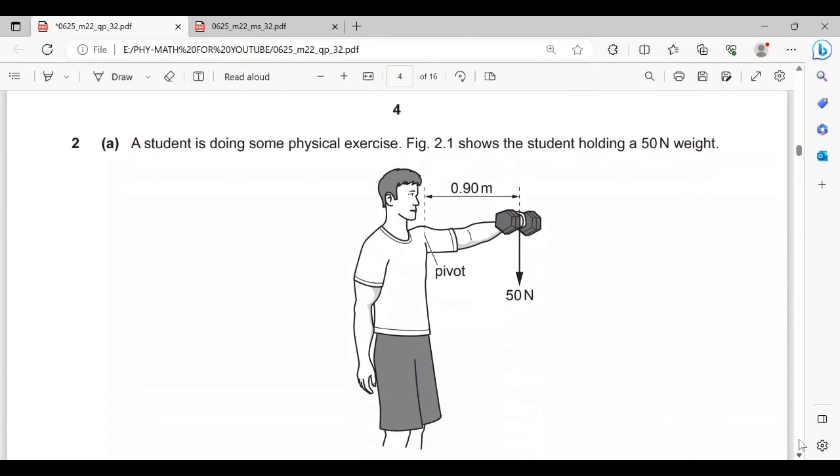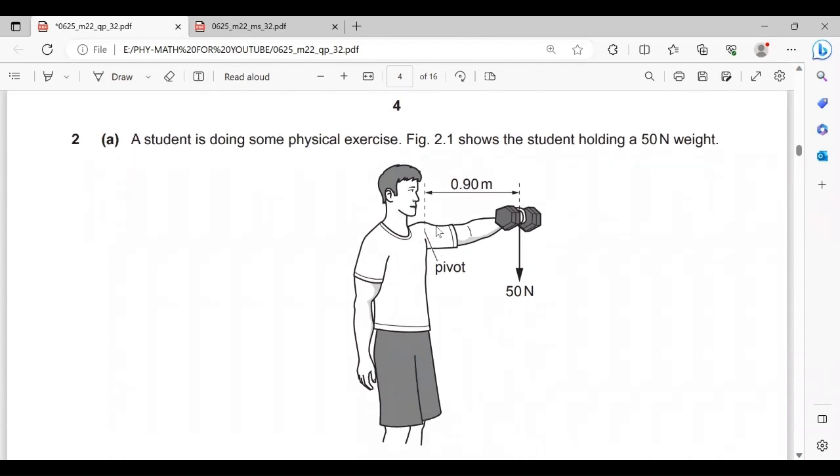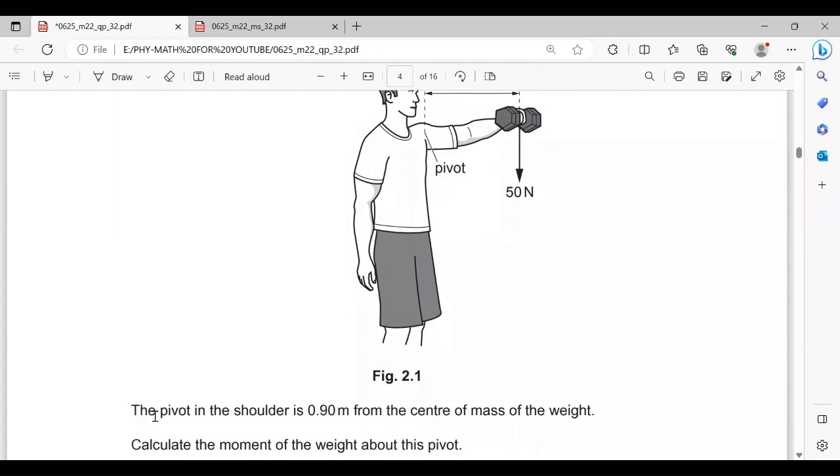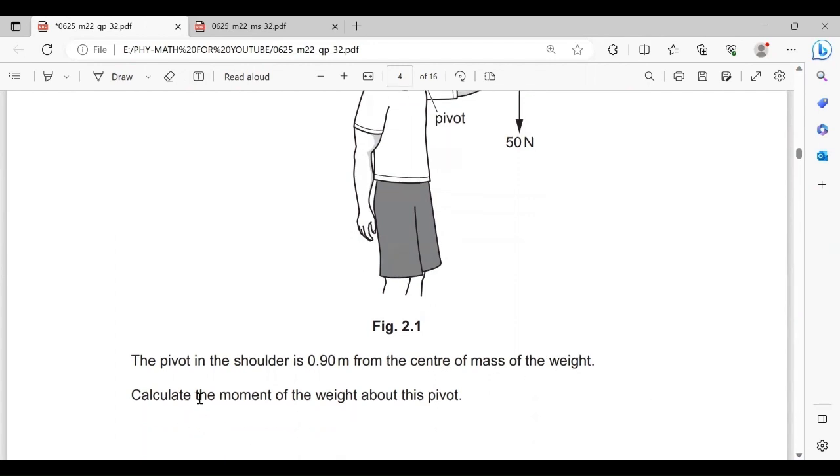Number 2. A student is doing some physical exercise. Figure 2.1 shows the student holding a 50 newton weight. The pivot in the shoulder is 0.9 meters from the center of mass of the weight. Calculate the moment of the weight about this pivot.